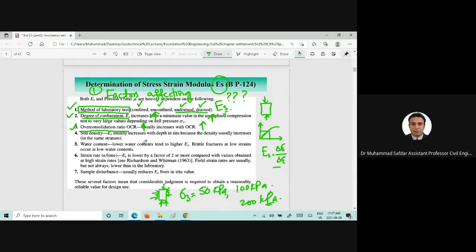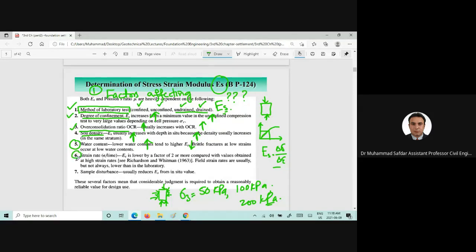How about the soil density? If the density of a soil increases, the modulus of elasticity will also increase. However, if the water content is greater, then the modulus of elasticity will decrease.